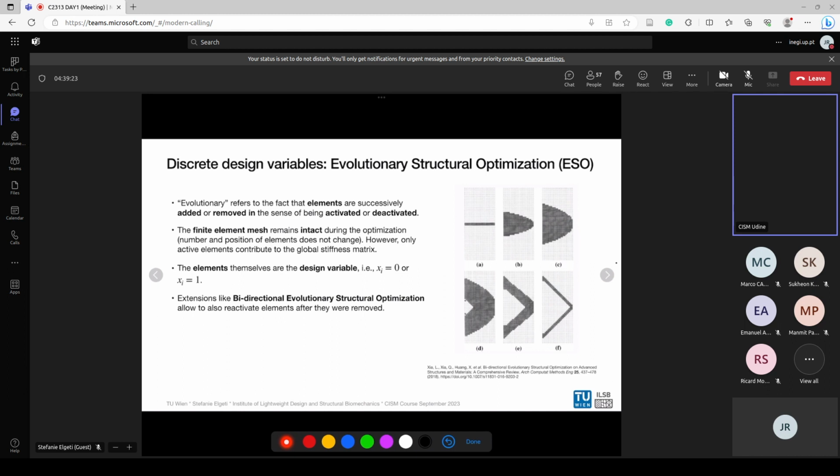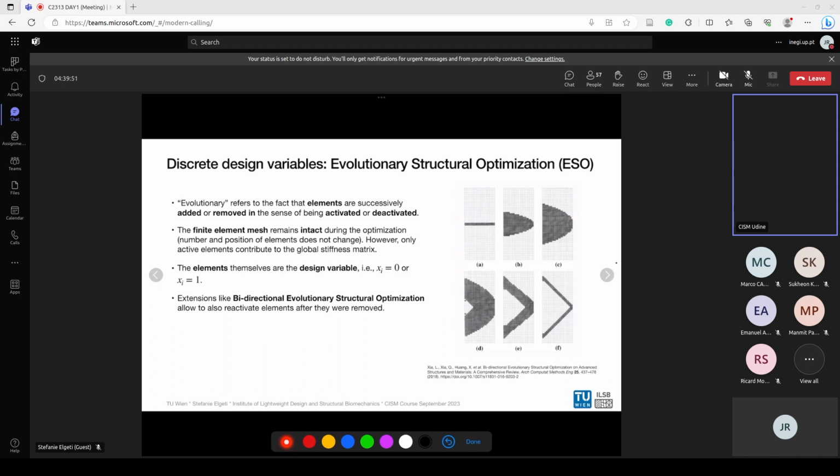The problem with ESO is that once an element is gone, you can never get it back. And of course, optimization takes different paths, and sometimes you would want it back because even if in the initial configuration there was low stress at this position, once the geometry changes, maybe this position now has high stress, but you cannot put the element back.